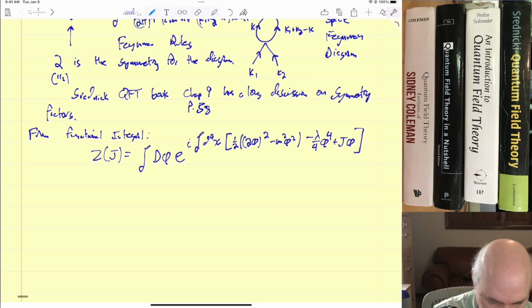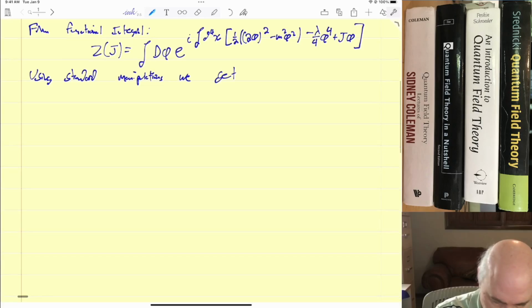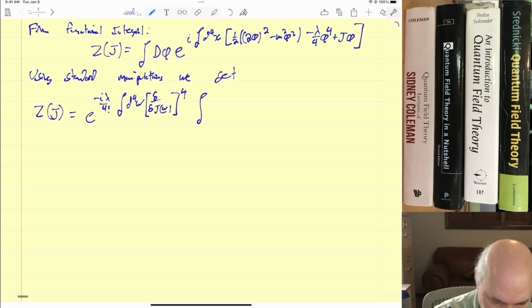Okay, and using standard manipulations, we get, so we're going to apply this operator, sort of factoring out this term over here.